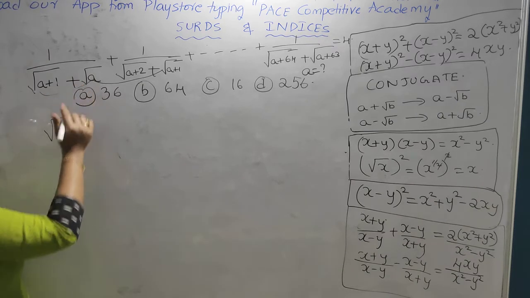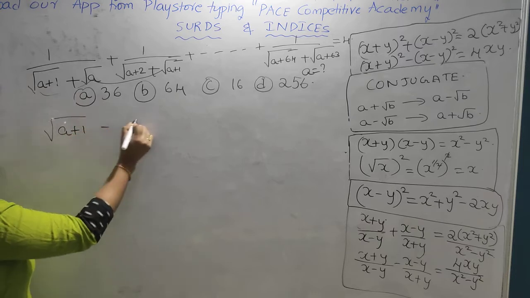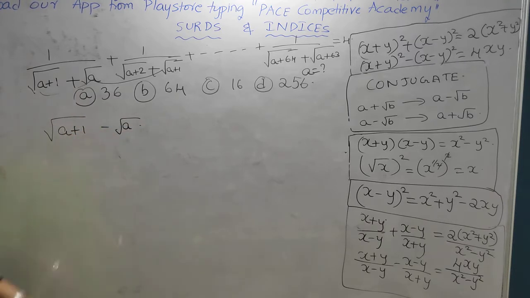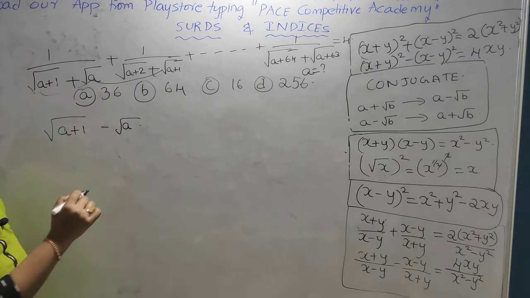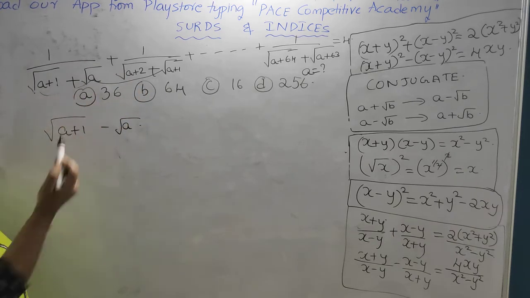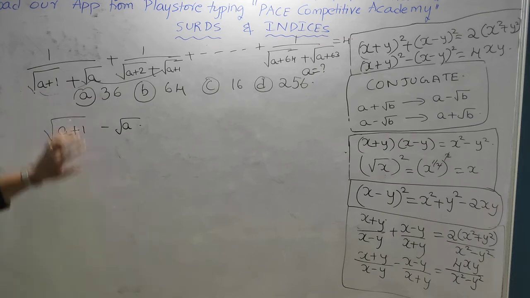The conjugate of plus is minus, divided by a square minus b square. So root over a plus 1 square is a plus 1, root a square is a, so a plus 1 minus a is nothing but 1, right? I have already told you these two are conjugates. So if you perform a square minus b square, you will get the value 1.